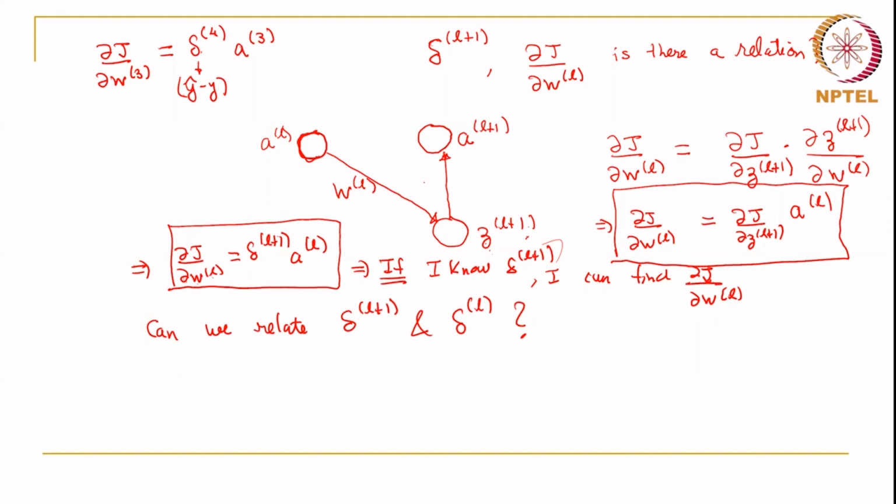Answers? Suggestions? So I'm going to draw a figure just to make this easier for you. So we have ZL plus 1. This comes from which neuron? What sits here?